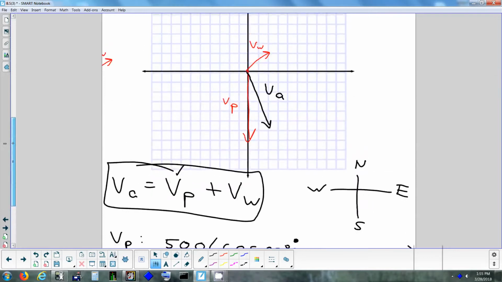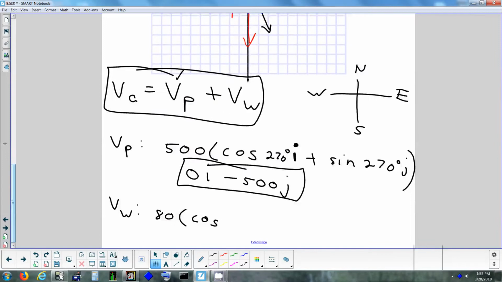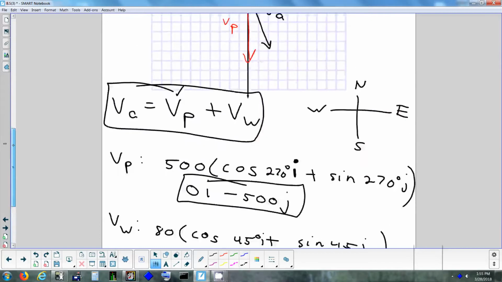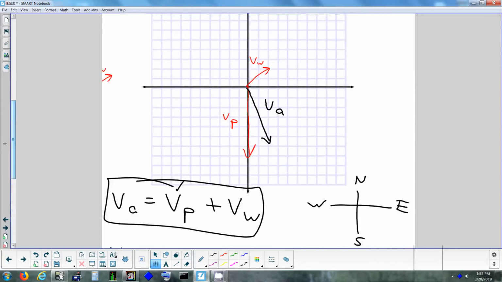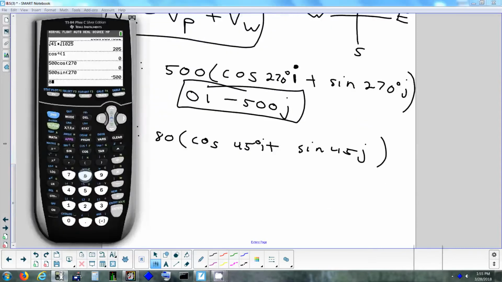And then would it be 45? Yes, it's blowing exactly north and east. That's a 45-degree angle. Now, because it's blowing exactly at a 45-degree angle, the east component and the north component, how would they compare to each other? Yeah, they're going to be the same. So once I find one, I really don't need to do the other.